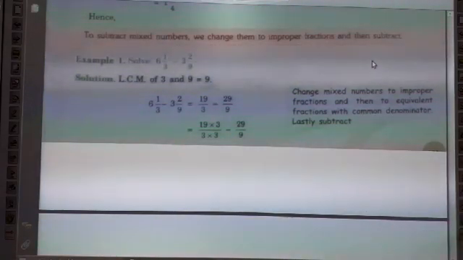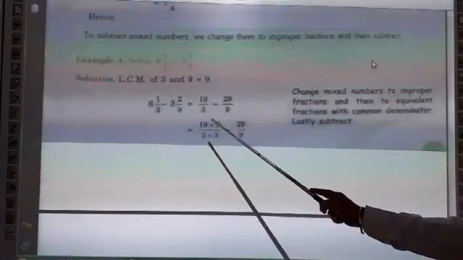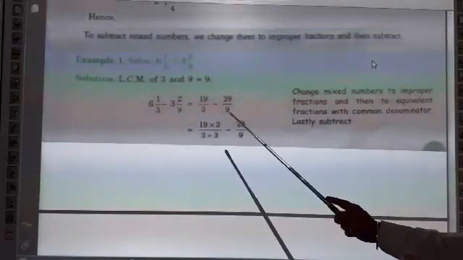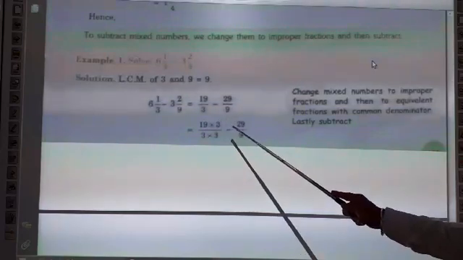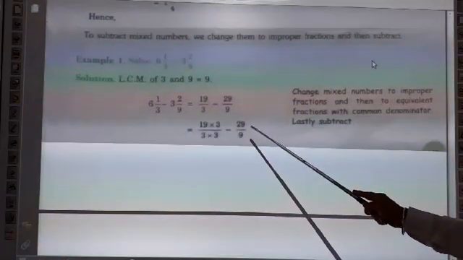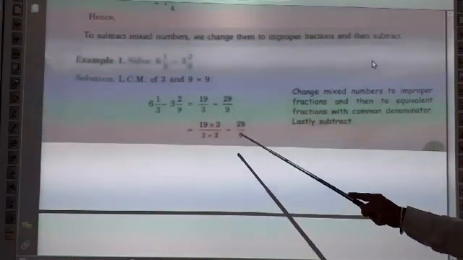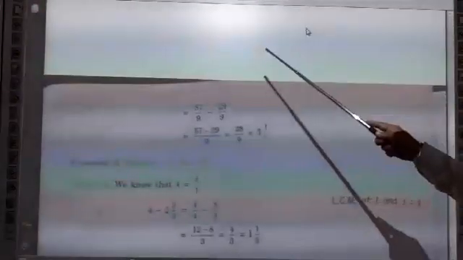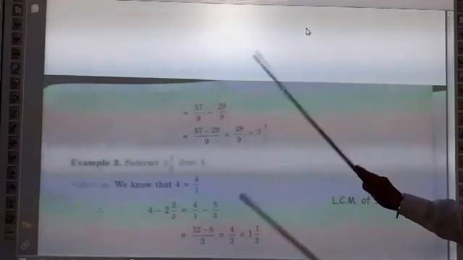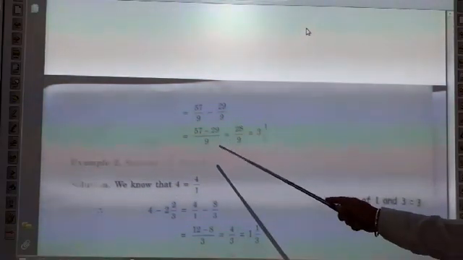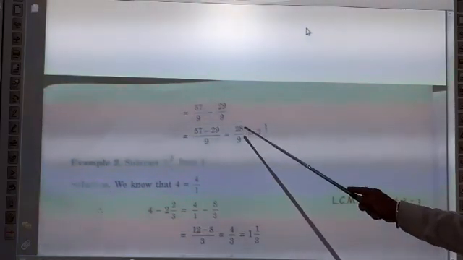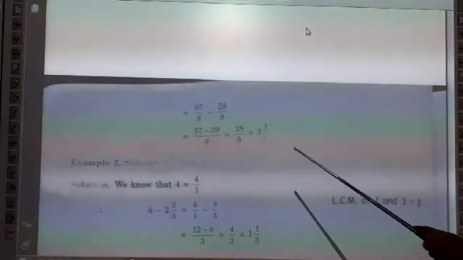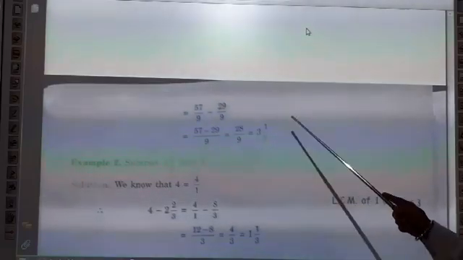Lastly, subtract. 19 upon 3 multiplied by 3, both numerator and denominator. 19 multiplied by 3 is equal to 57 upon 9 minus 29 upon 9, because LCM is 9. 57 minus 29 is equal to 28 upon 9. Convert it to mixed fraction, 3 1 upon 9.